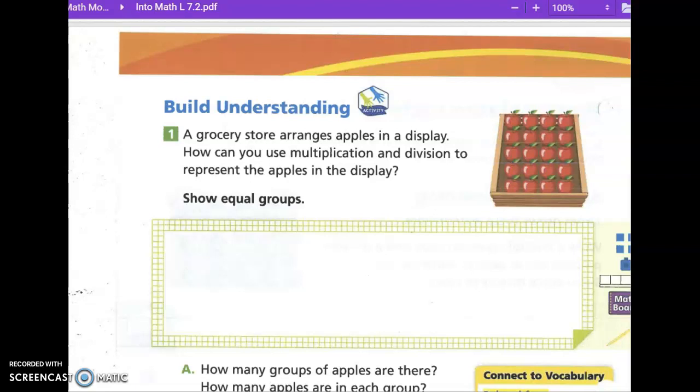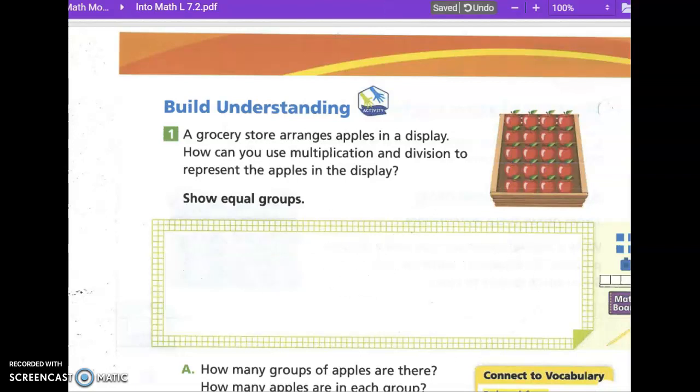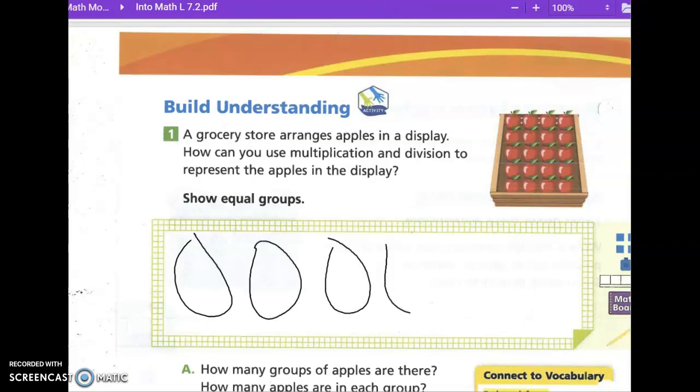How many rows are there? 5. So let's draw 5 circles or ovals. Let's try that again. It's easier if they're all in a line. I'll draw circles. 1. I'll switch to ovals. 2, 3, 4, 5.